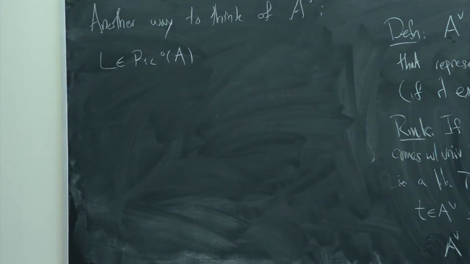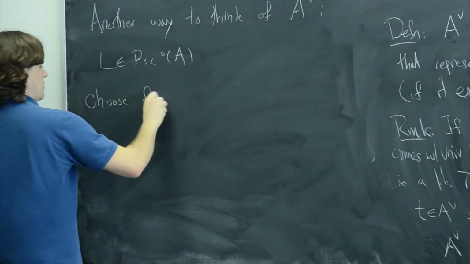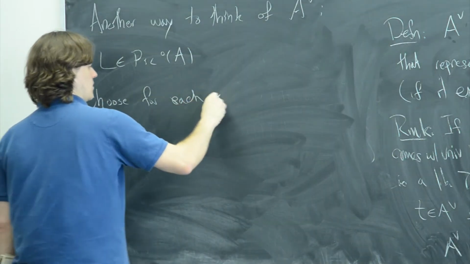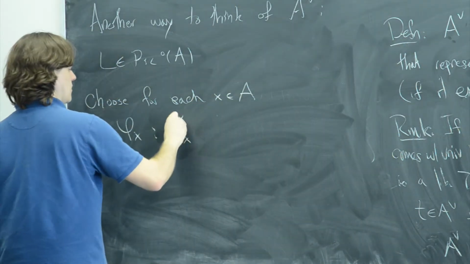So by definition, that means that L is translation invariant. So I can choose for each point x an isomorphism, I'll call it phi x, from the pullback of L to L.